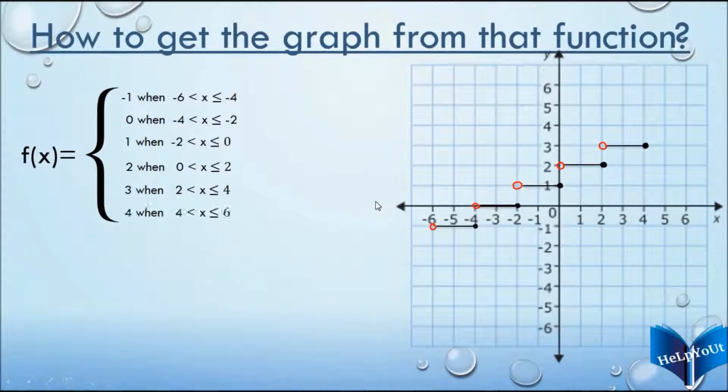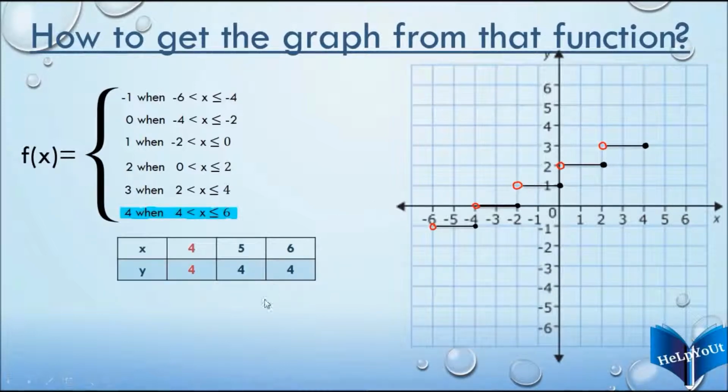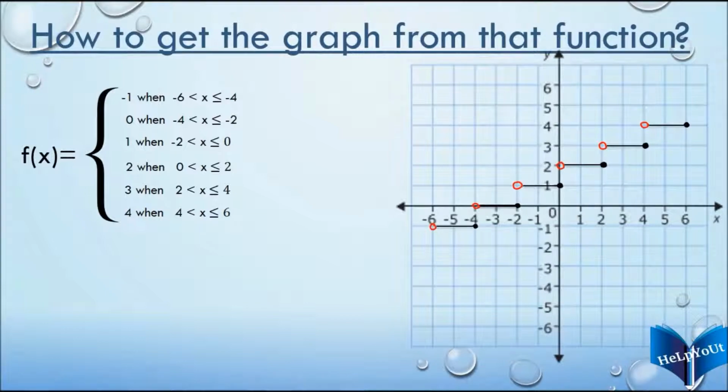And 4 when x is between 4 to 6. For this we get this table and open circle at (4, 4) and line here because y had a fixed value, y equals 4, and closed circle at (6, 4). So this is how we graph step function.